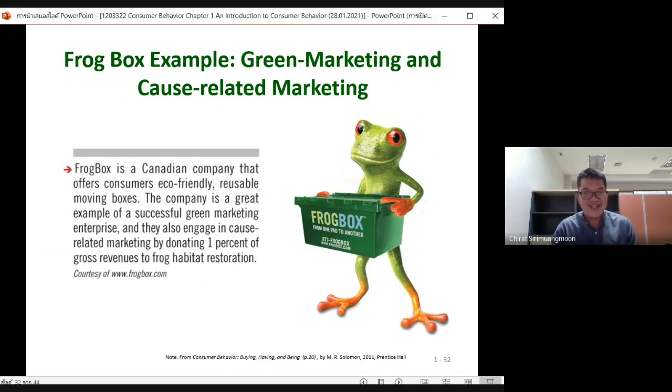So in this case, they have the other things too, like it can help the world, help the environment, help the animal. So we call this one cost related marketing, the marketing that leads with the cause and effects. So even if it looks like just 1%, it's touching and it creates some good feeling to the consumer.